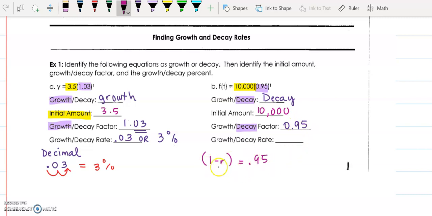An easy way to think about this is that the 1 is like 100%, and the 0.95 is 95%. If I have 100 and I subtract some percentage and I end up with 95, what would that R value have been? That rate is 5%, or 0.05.